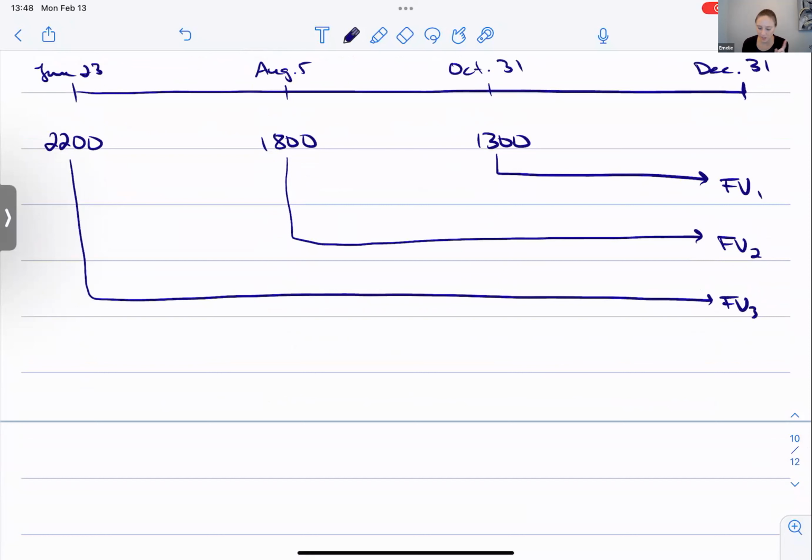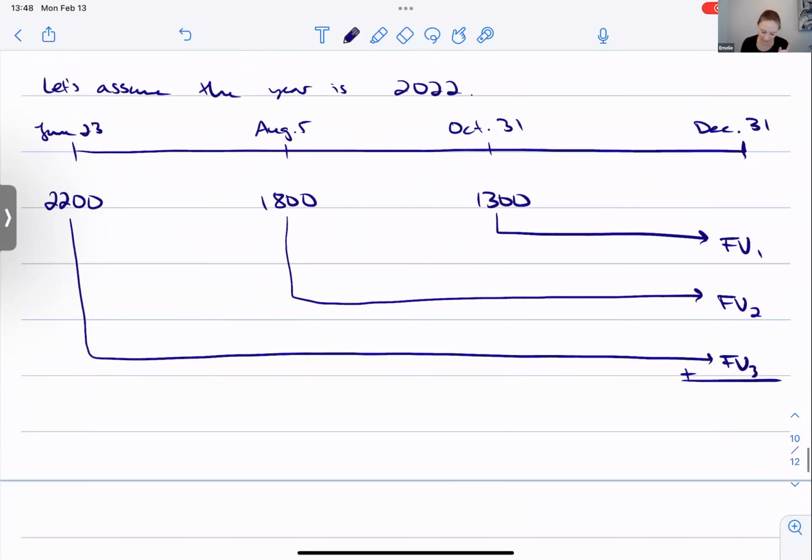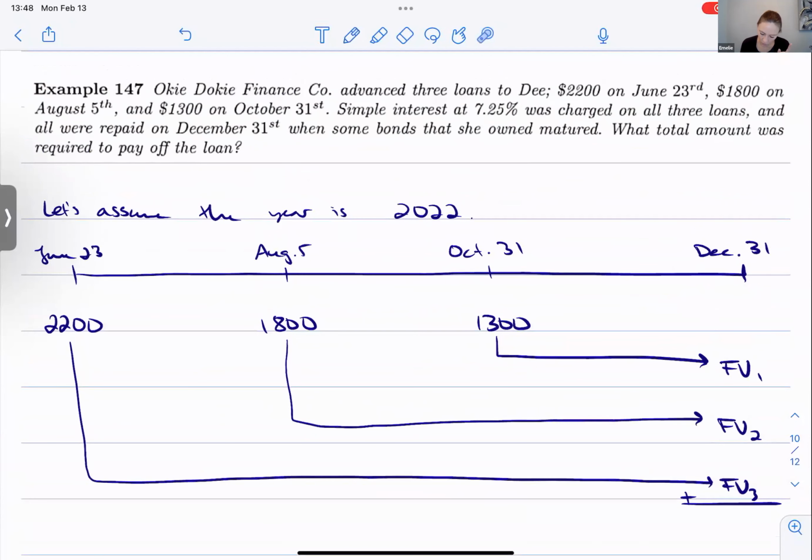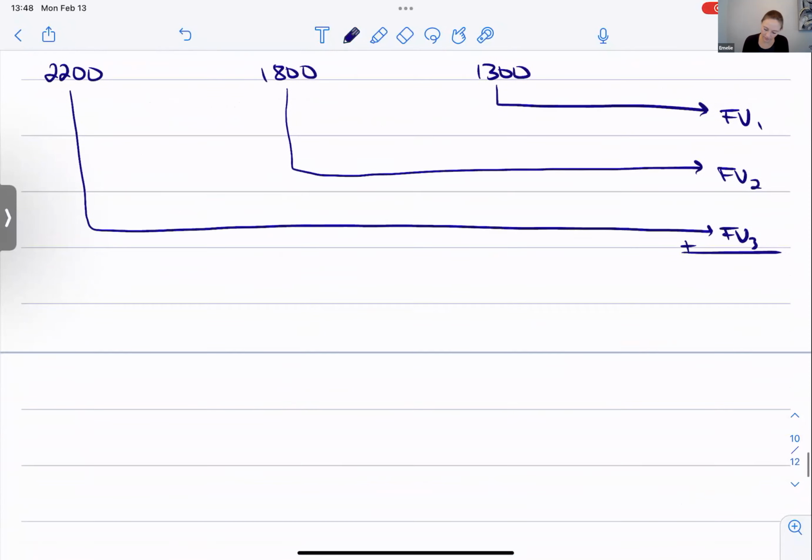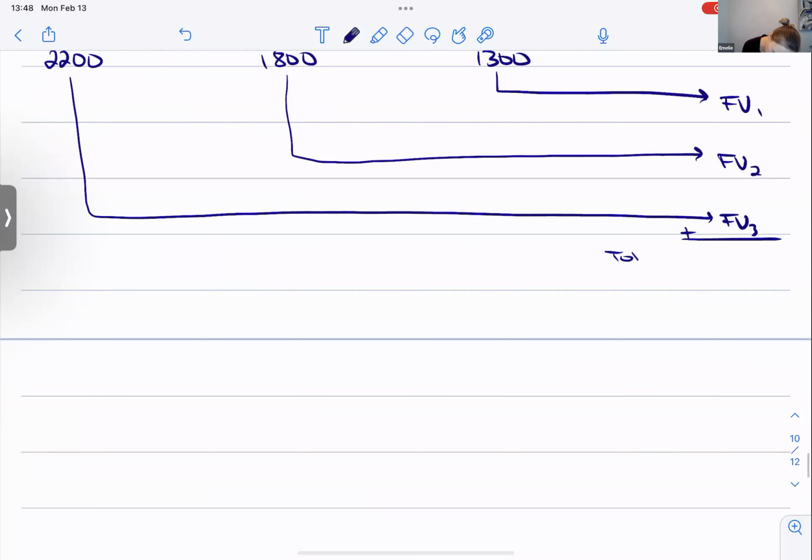When I add these all up, that's when I'm going to have what total amount was required to pay off the loan. Okay. And so here, this is going to become the total amount required to pay off the loan.